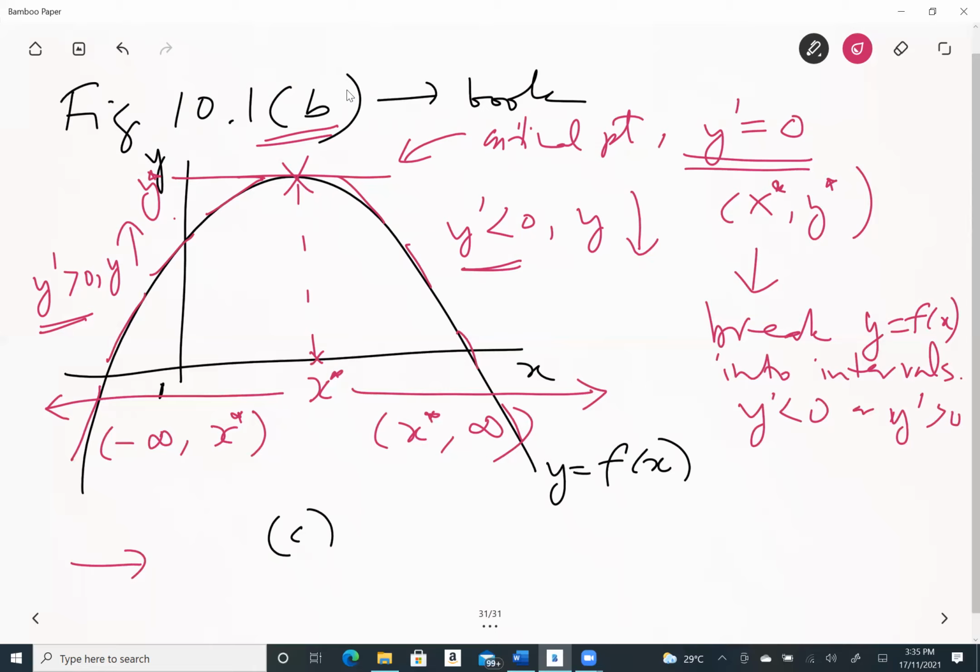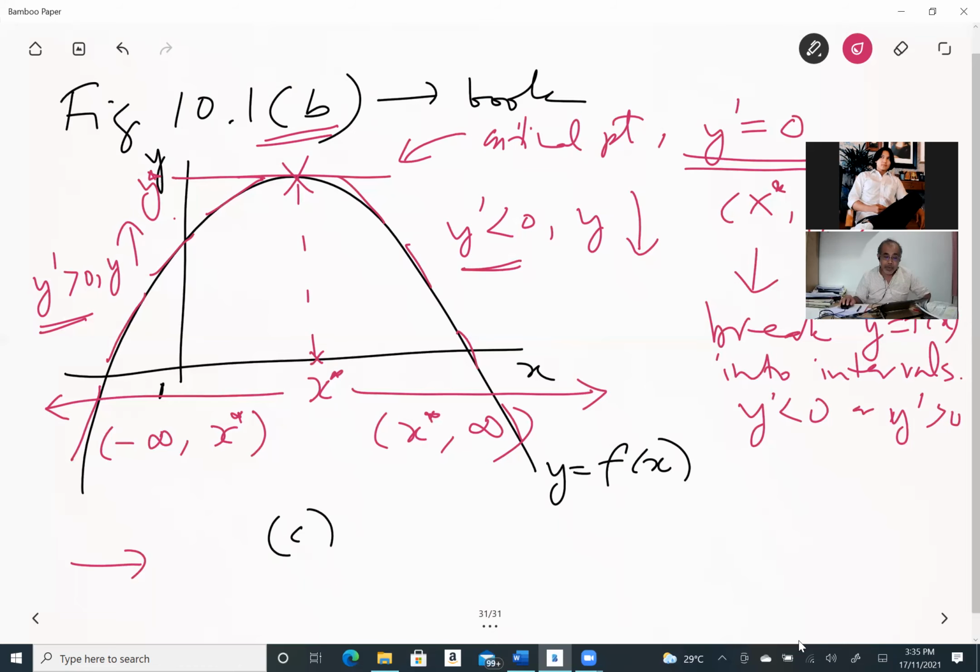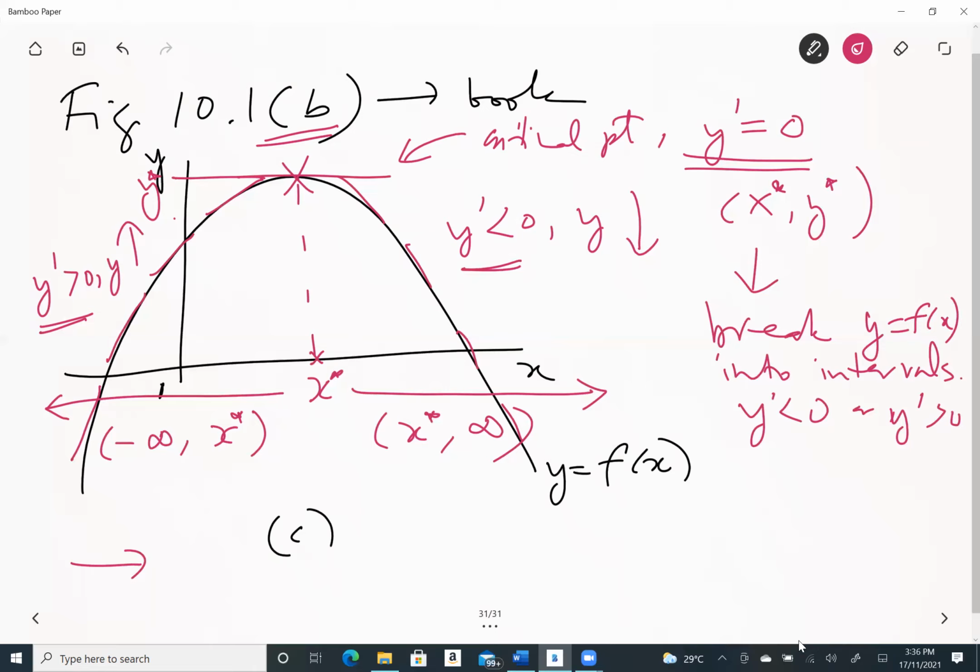So we go from the left. What can you say about y prime on the left, as the curve goes down? Look at the diagram in 10.1b.